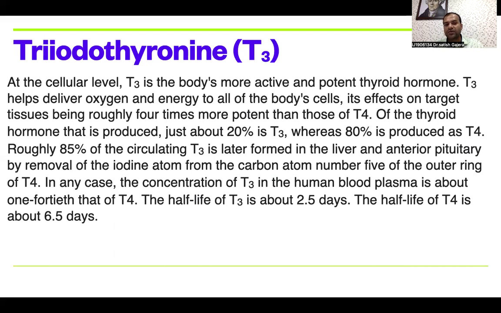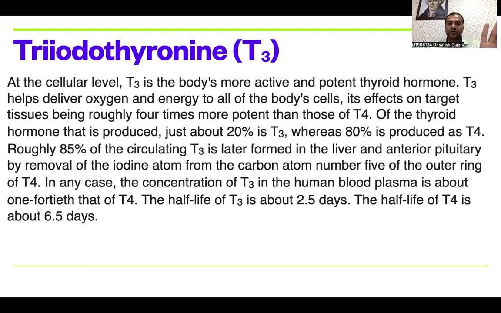In serum, T4 is at high concentration and T3 at low concentration. Whenever you check a patient's report, T3's normal value is lower than T4 because T4 can convert into T3. It is majorly formed from T4.